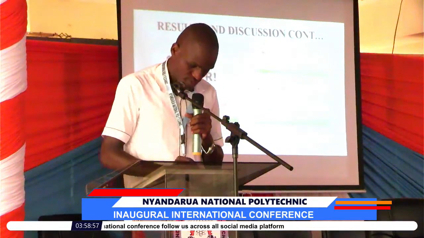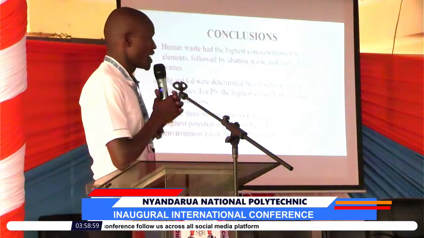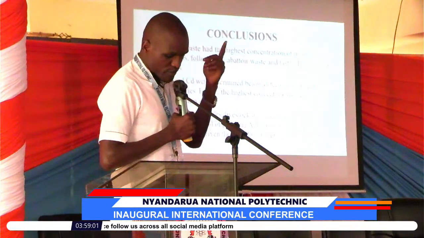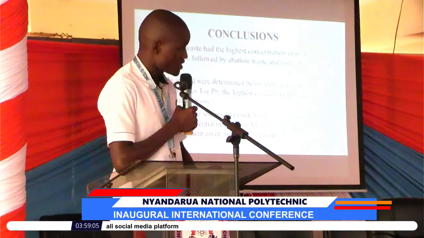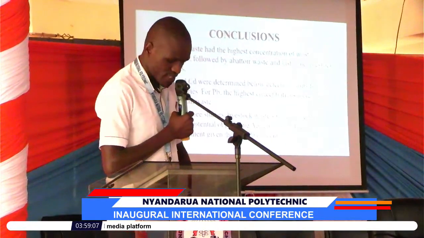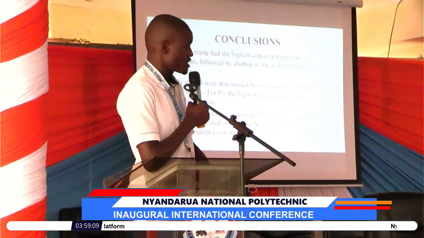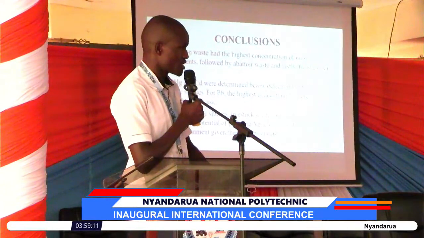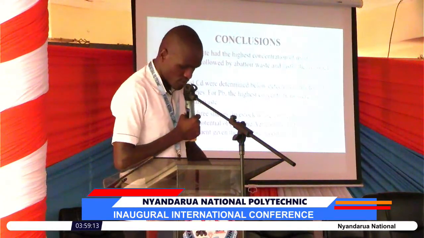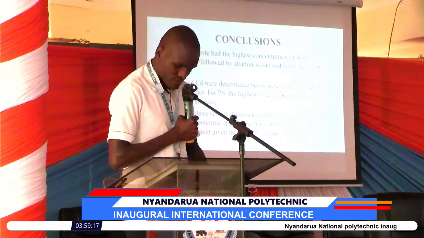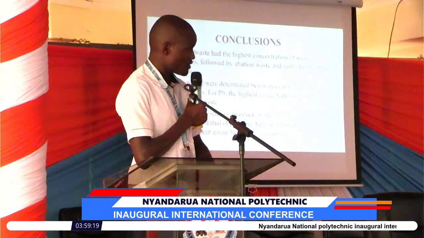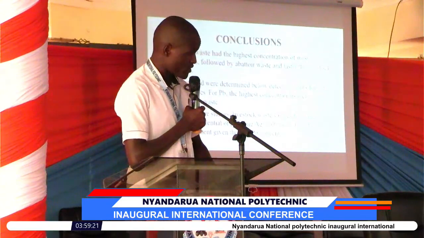One, as I alluded to earlier, human waste had the highest concentration of most of the elements. This was followed by abattoir waste, and then the livestock waste digesters had the least counts of most of the elements. Cadmium and mercury were determined to be below detection level.